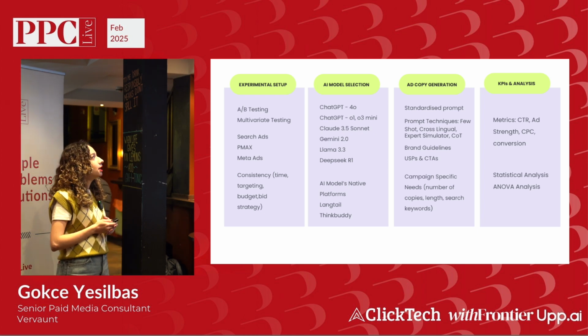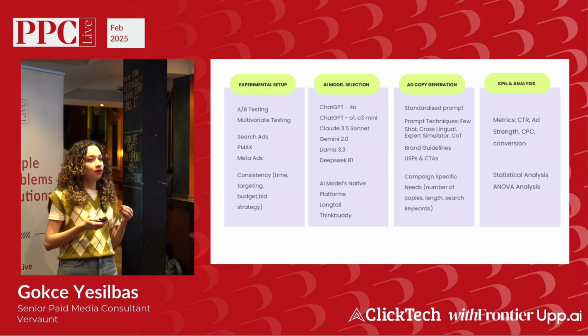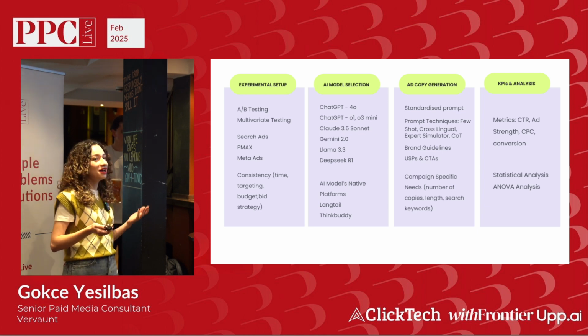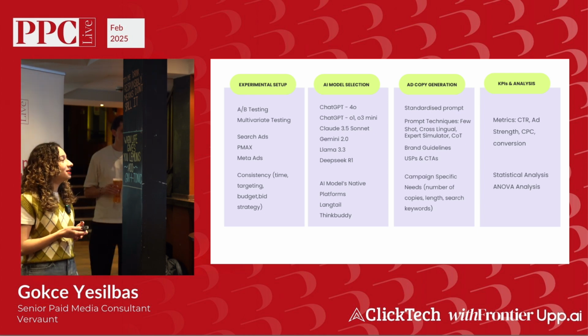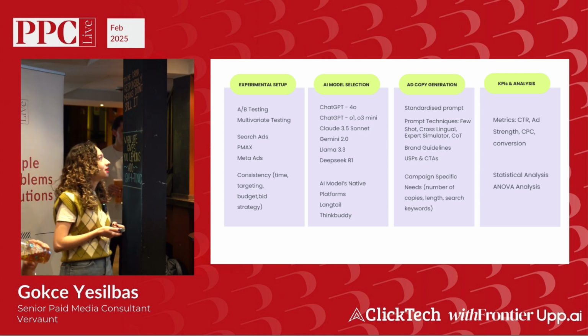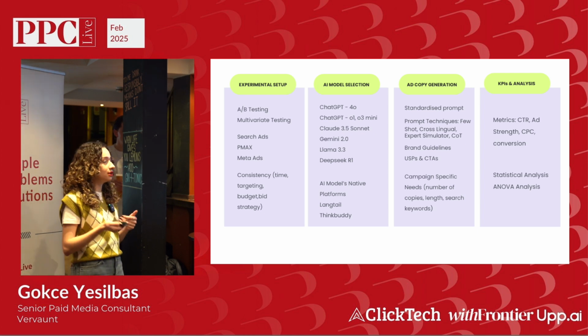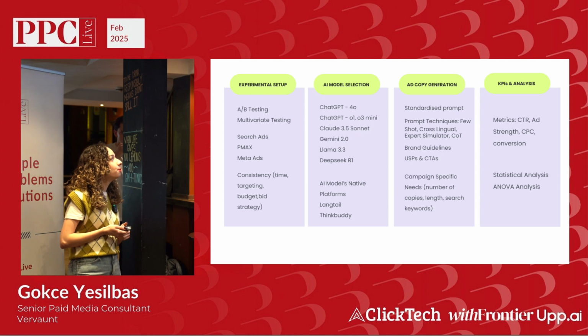And then you should select your AI models. There are many AI models that you can easily use, and you can even test the human-generated ad copies together with them.